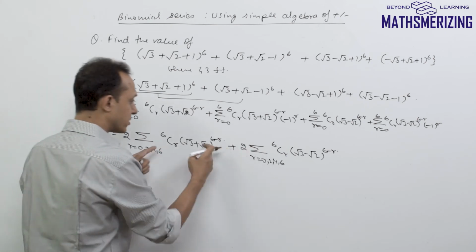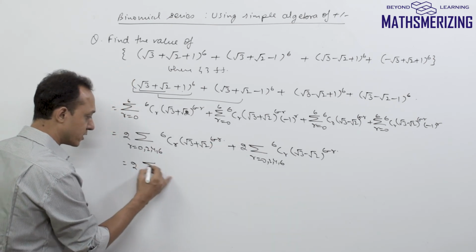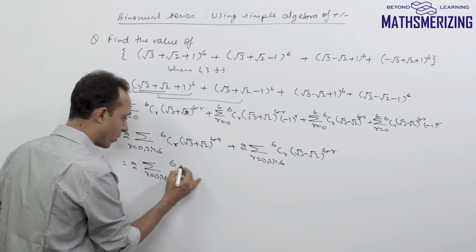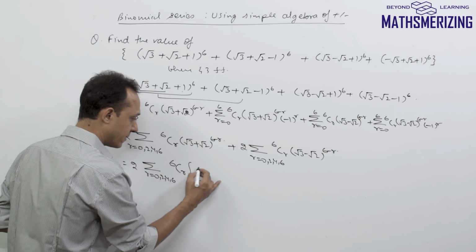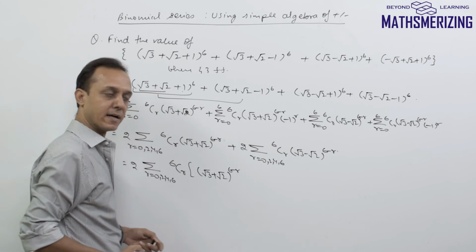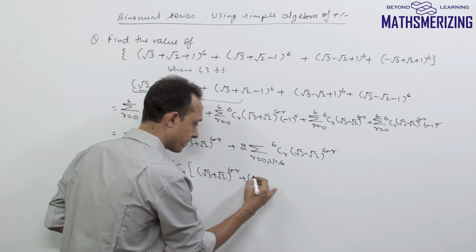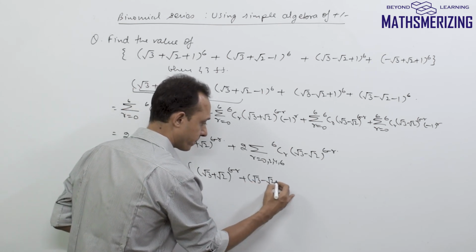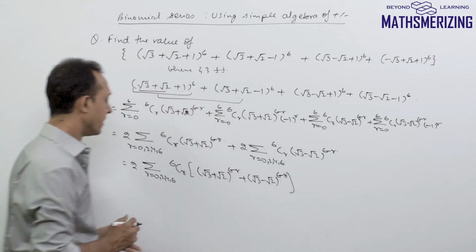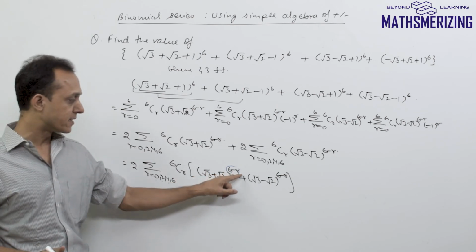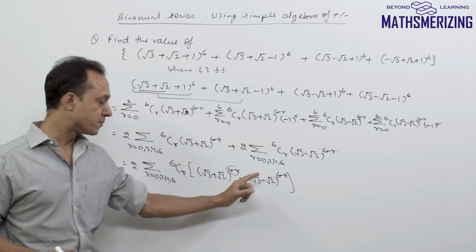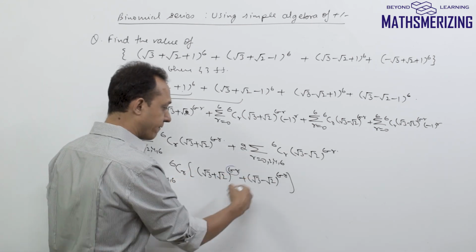Now I'll take the two summations together. So I'll write it as 2 times summation r varies over 0, 2, 4 and 6, and I'll also take 6Cr common. Then I'll write it as (root 3 plus root 2) to the power 6 minus r plus (root 3 minus root 2) to the power 6 minus r. When r is even, then 6 minus r will also be even, and this again is of the form a plus b and a minus b. So in this case again, all the odd number terms will cancel.